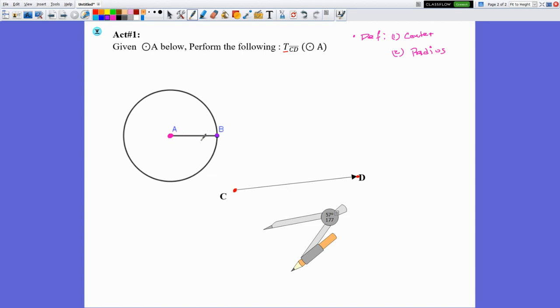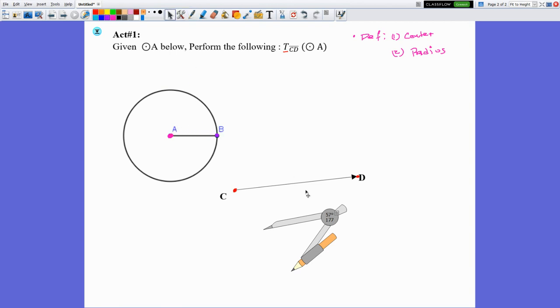Once we have defined those 2 points, all we got to do is just perform the transformation on this segment, and the circle will follow. So let's perform the transformation on the circle. So in reality, all we have to do is just perform the transformation on this line segment.